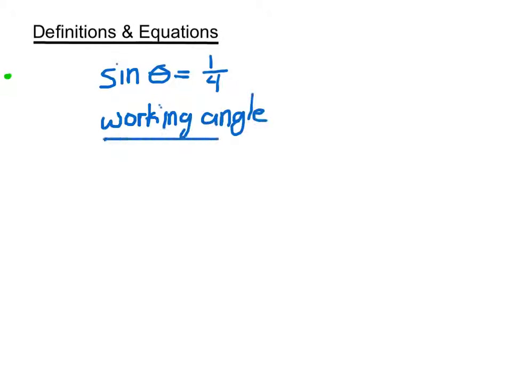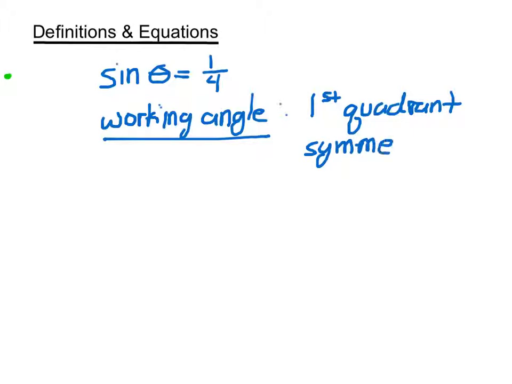And a working angle is an angle that's located in the first quadrant and it's symmetric in some way to the angle that I'm interested in, or angles, and it's derived from the modulus of our given ratio. In this case, our given ratio is 1/4, and the modulus is sort of like the absolute value of that ratio.